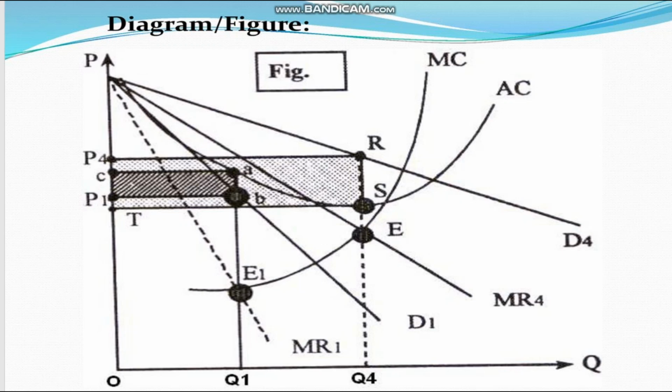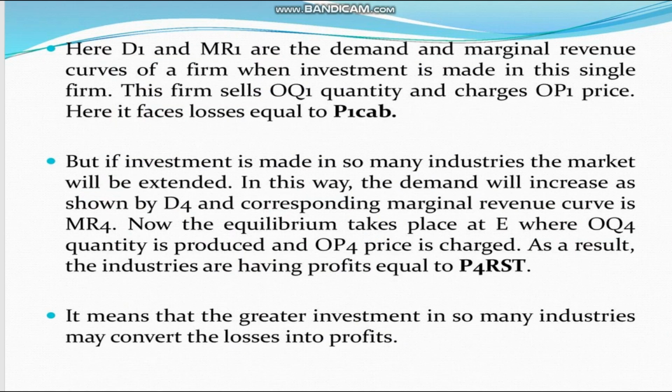So when we invest more for production of more goods and more industries, our losses have converted into profit with the economies of scale. So greater investment in so many industries may convert the losses into profit.